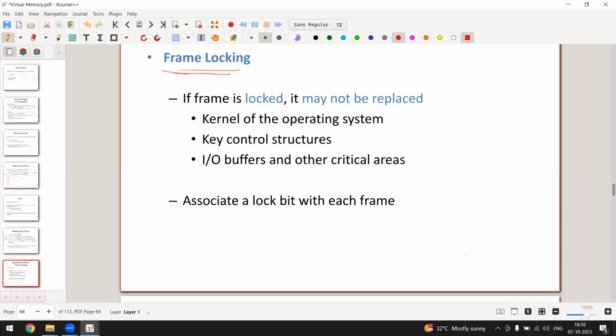So in the main memory, there are some frames which are locked, which you cannot swap out, and such frames are called locked frames. How do you technically implement it? For implementation, you have to associate one lock bit with each frame. When that lock bit is set, it means that frame is locked. You cannot swap it.